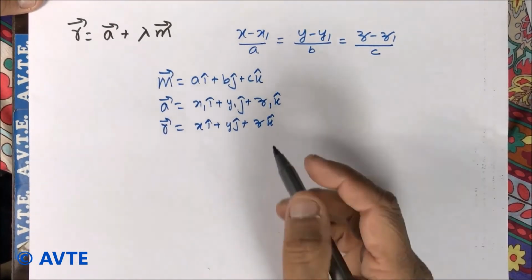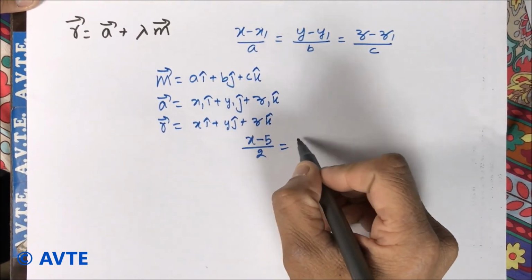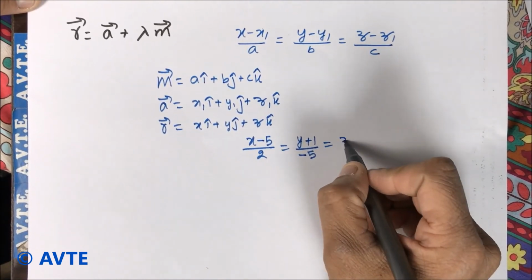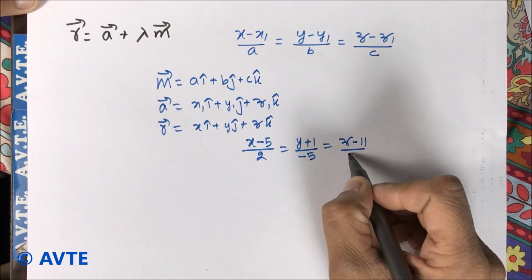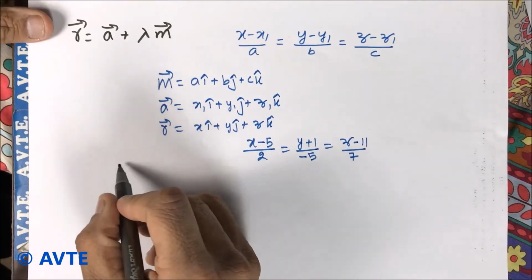So if you give me one example, x minus 5 over 2 is equal to y plus 1 over minus 5 is equal to z minus 11 over 7, and you tell me how to convert this into vector form. This is very simple, because my m vector will be, can you do it?